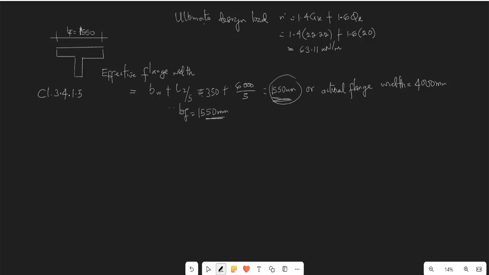So that's cool. The next thing we want to do, like I said, is to get the effective depth.